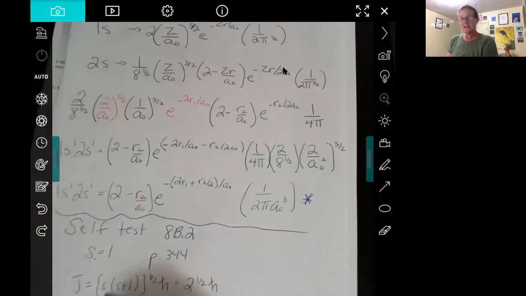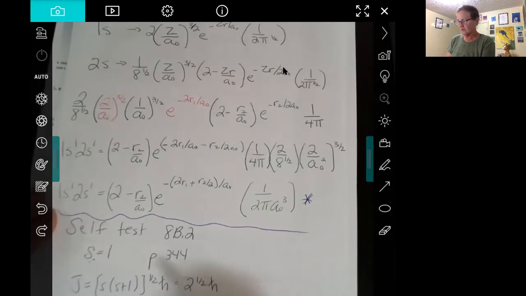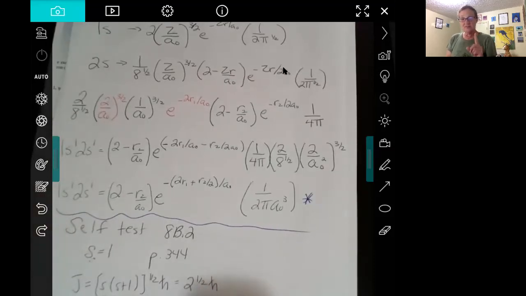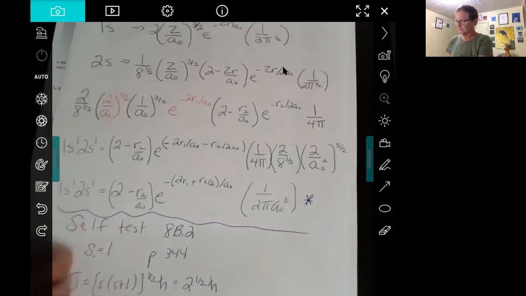But because we're talking about intrinsic spin, it's going to be S times S plus 1 to the 1/2. So 1 plus 1 is 2 times 1, 1/2 gives us a total angular momentum as a result of that electron spin of 2 to the 1/2 times h bar.